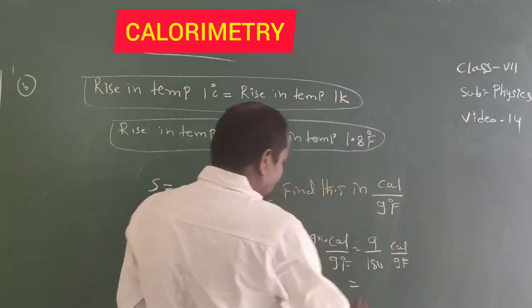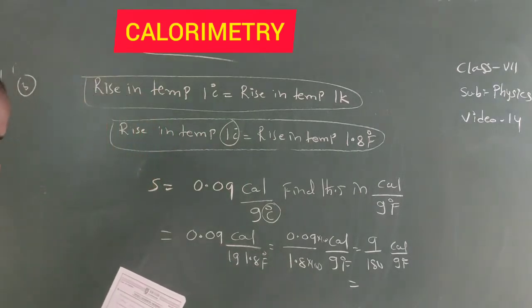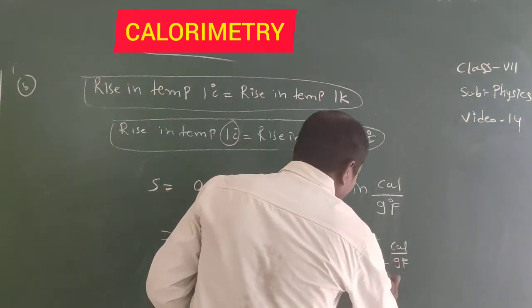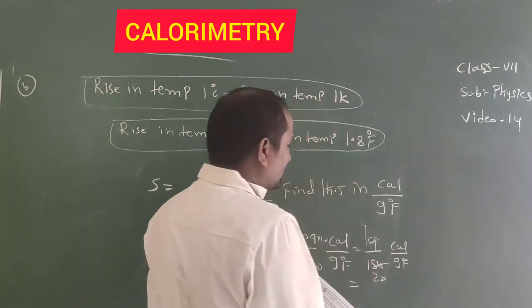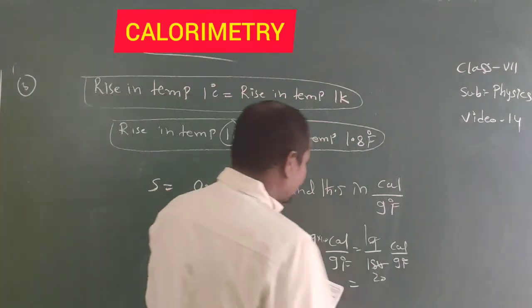That is equal to 9 by 180. We can write here 0.05. Is it that? Here 9 ones are 9, 9 twos are 18. 1 by 20 equal to 0.5 by 10. That is equal to 0.05.